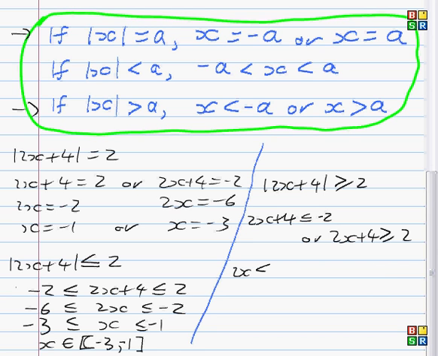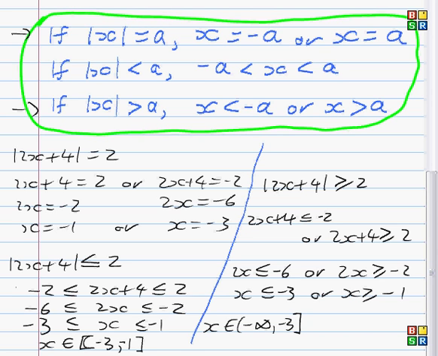So 2x is less than or equal to minus 6, or 2x is greater than or equal to minus 2. x is less than or equal to minus 3, or x is greater than or equal to minus 1. In other words, this has two parts. Let's write it in bracket notation: minus infinity to minus 3 union, because OR always means union, minus 1 to plus infinity.